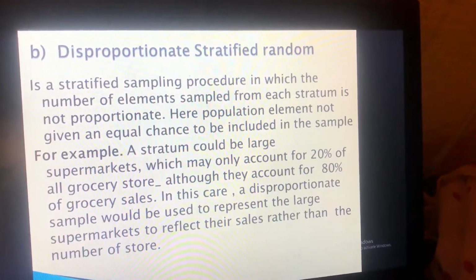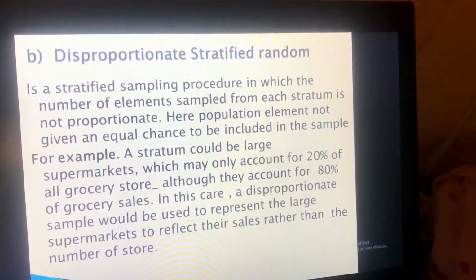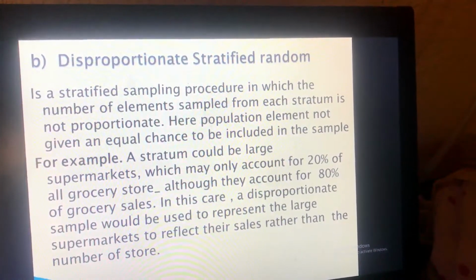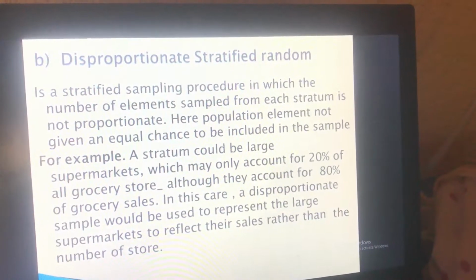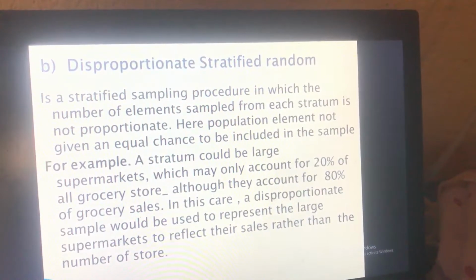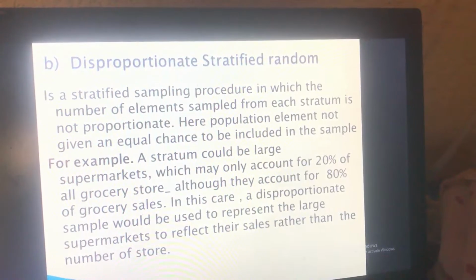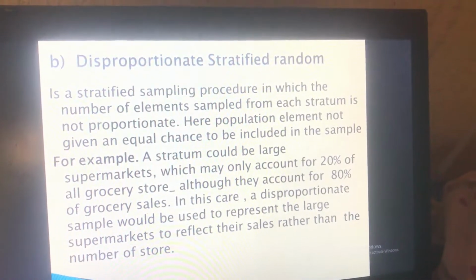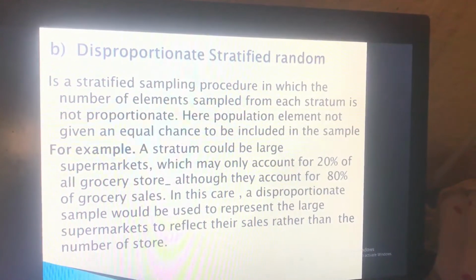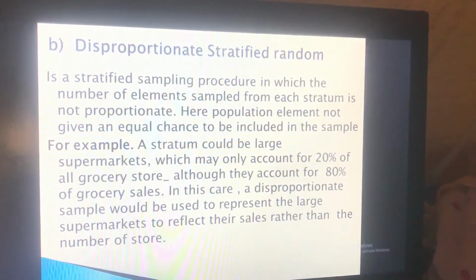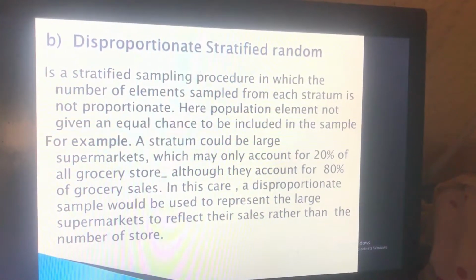For example, a stratum could be large supermarkets, which may only account for 20% of all grocery stores, although they account for 80% of grocery sales. In this case, a disproportionate sample would be used to represent the large supermarkets to reflect sales, rather than the number of stores.